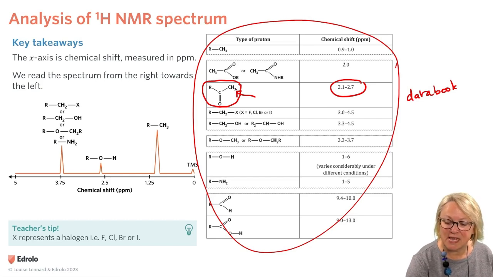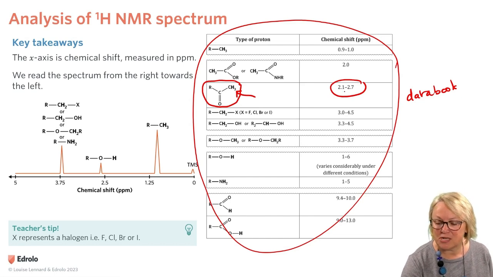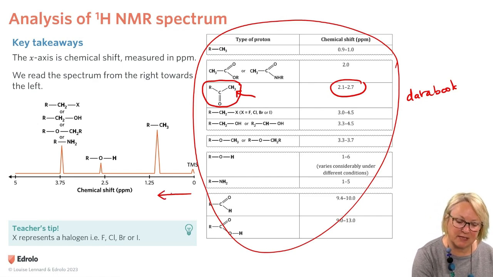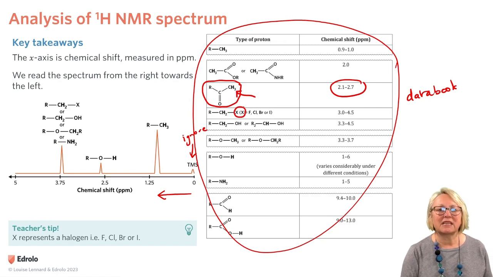The hydrogens in this group would have a chemical shift range of somewhere between 2.1 and 2.7 parts per million. Remembering that we read the spectrum from the right to the left and we ignore the TMS, which is the calibration point. X in the data book stands for a halogen, so fluorine, chlorine, bromine, or iodine.